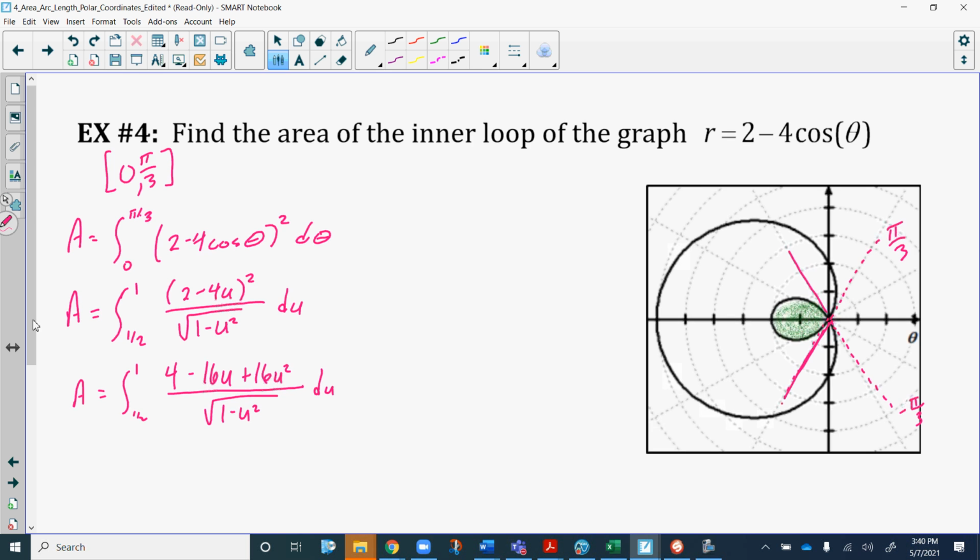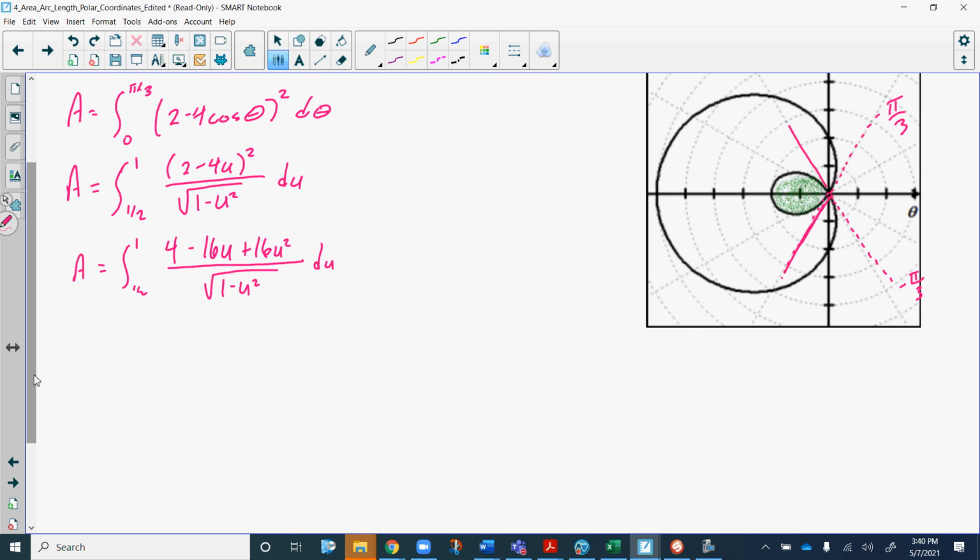And the only way that I can foresee trying to look at this is by breaking it up into their own respective integrals. So this is what I'm going to start looking at.